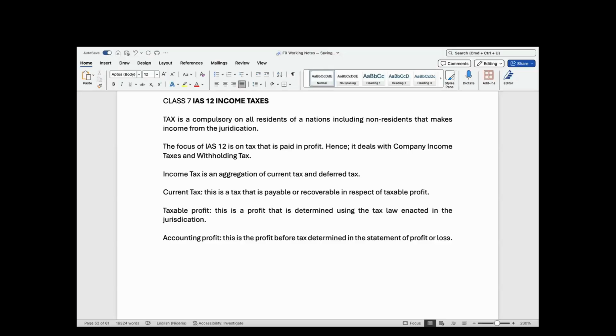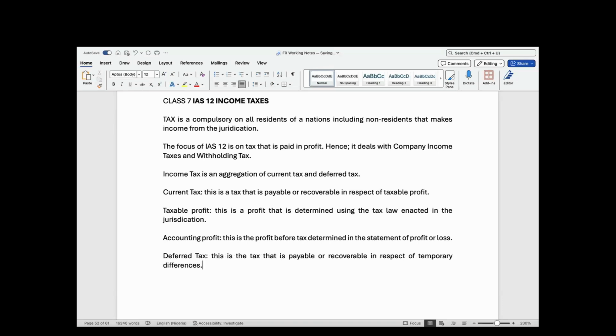Now, then there is deferred tax, which is the second one. This is the tax that is payable or recoverable in respect of temporary differences.